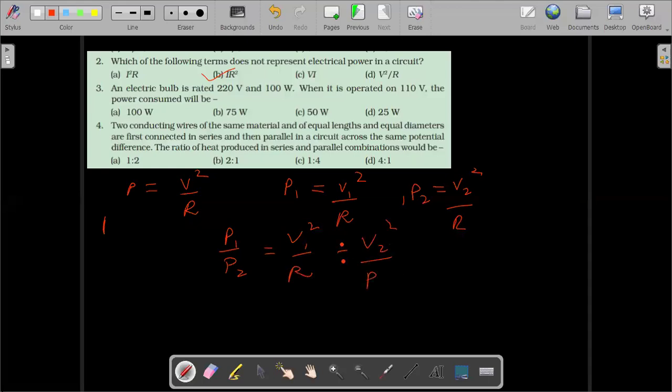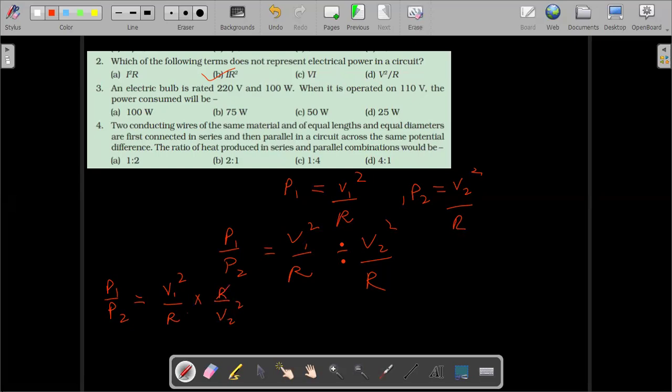Am I correct? Yes, sir. I don't want to find the resistance R, only the ratios. Otherwise, I would have done the same question in some other way also. I would have used the first power, found out the resistance, and then used it. That way also I could have got it. Now, I get P1 divided by P2 equal to V1 squared over R multiplied with R divided by V2 squared.